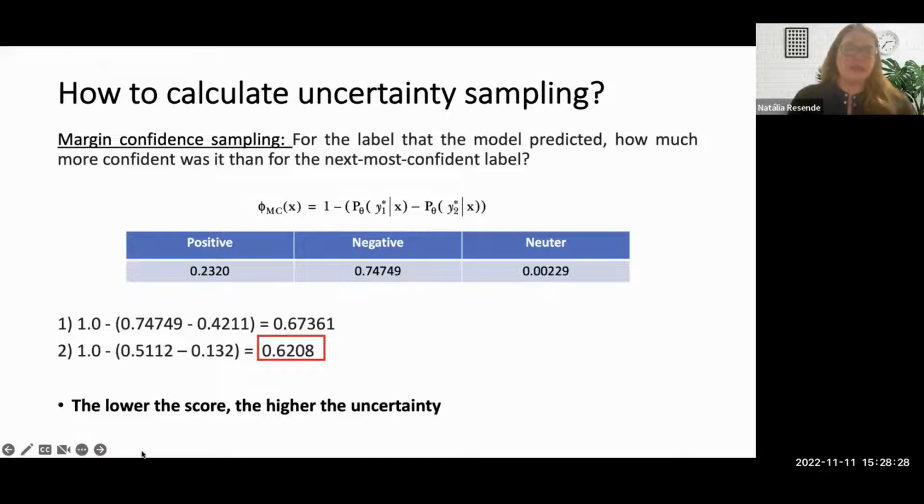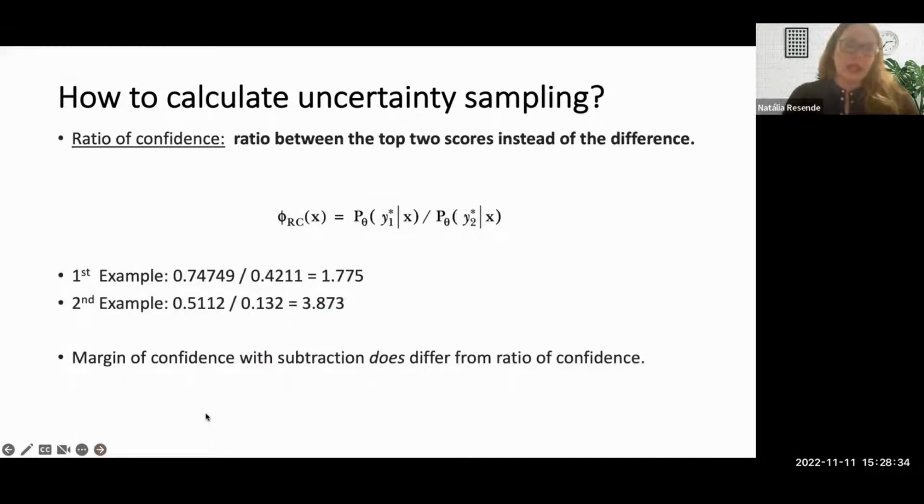Okay, so next. This is margin of confidence sampling. And then ratio. The ratio is very similar to the margin of confidence. Here, please ignore the 0.211 again, because it's 0.23. What we do is just divide one by the other.